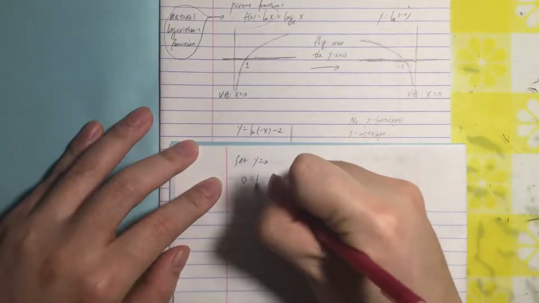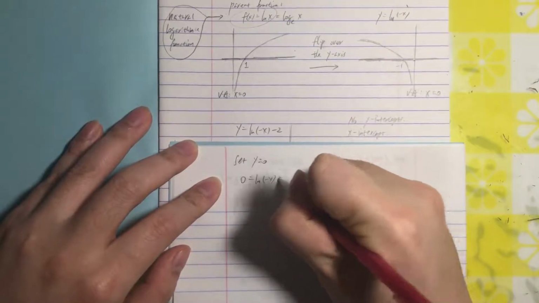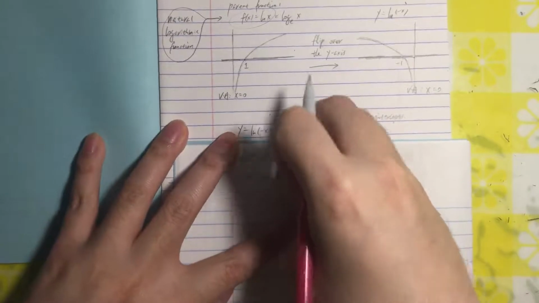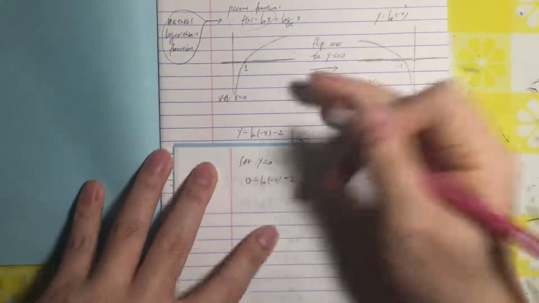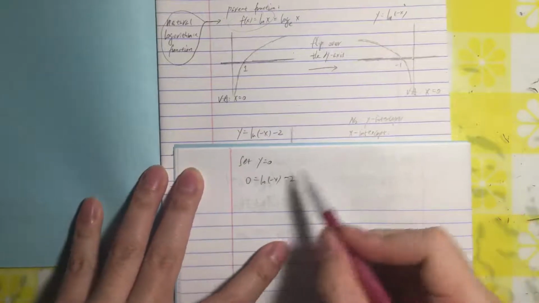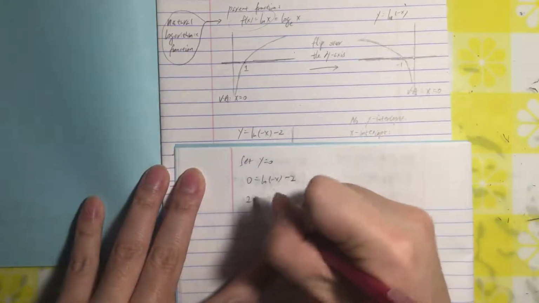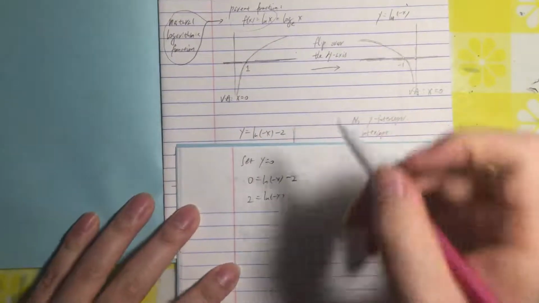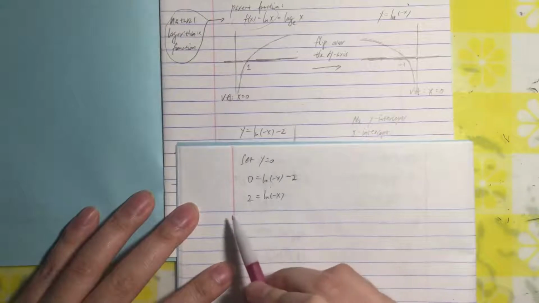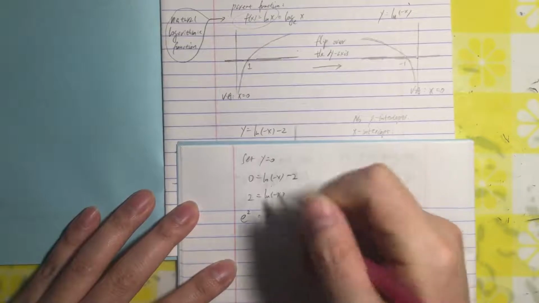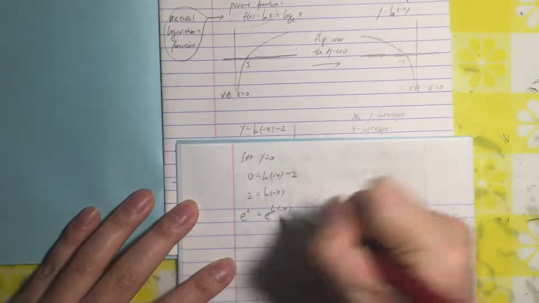If I set y equal to 0, I get 0 equal to ln of negative x minus 2. In order to solve the equation for x, I can first of all add 2 to both sides. I get 2 equal to ln of negative x. Next, in order to get x by itself, I apply e to both sides. I get e squared equal to e to the power of ln of negative x.